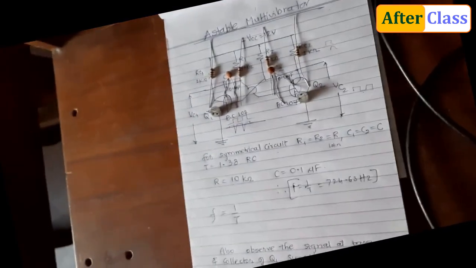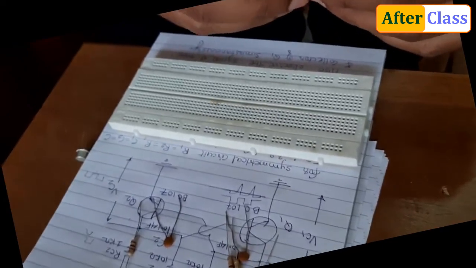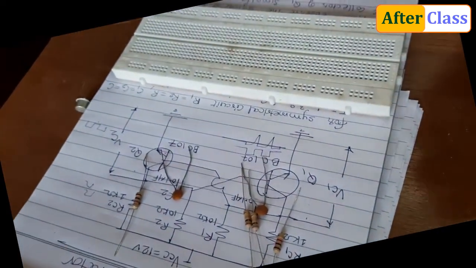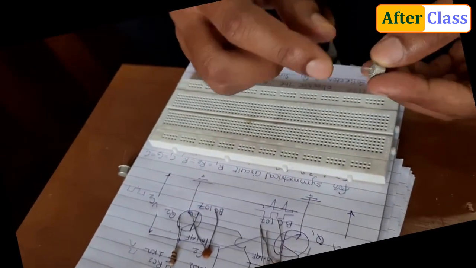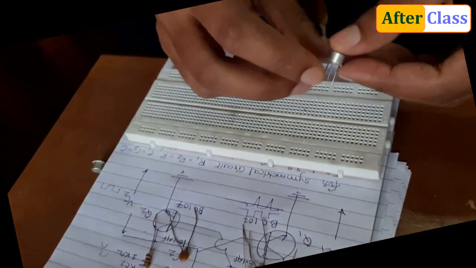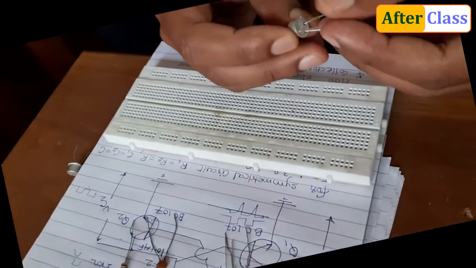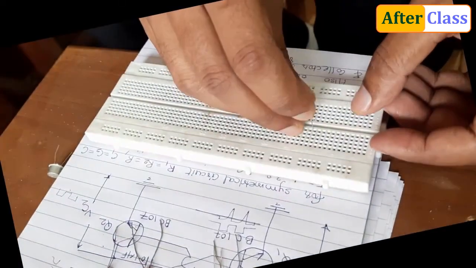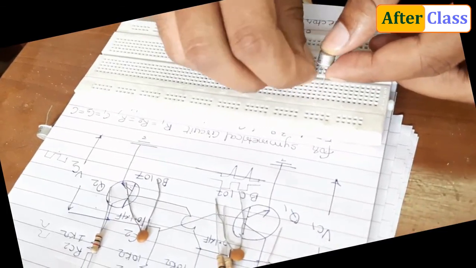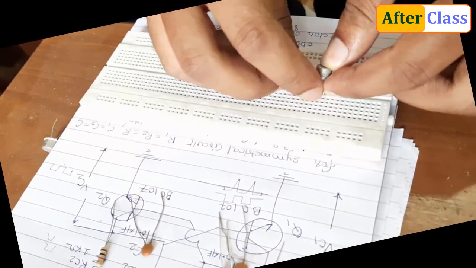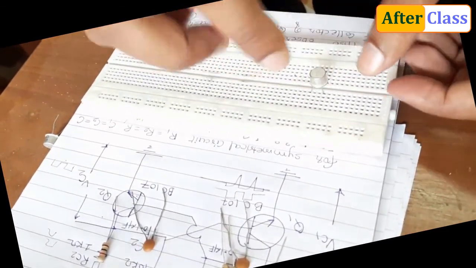So you have to mount your circuit as per the diagram on the breadboard. First we'll take the transistor. This is emitter, this is base and this is collector. So what we'll do is we'll set it up like this on the breadboard.